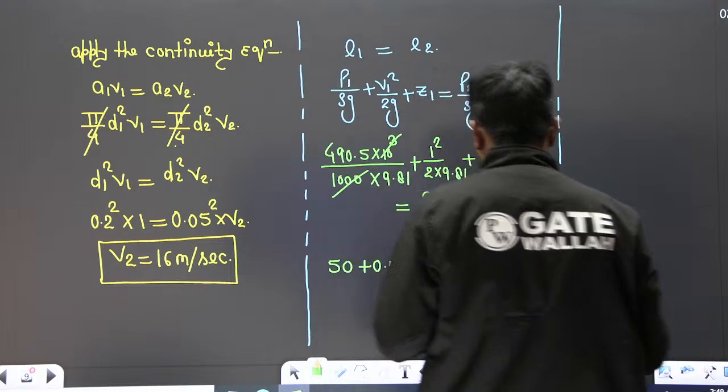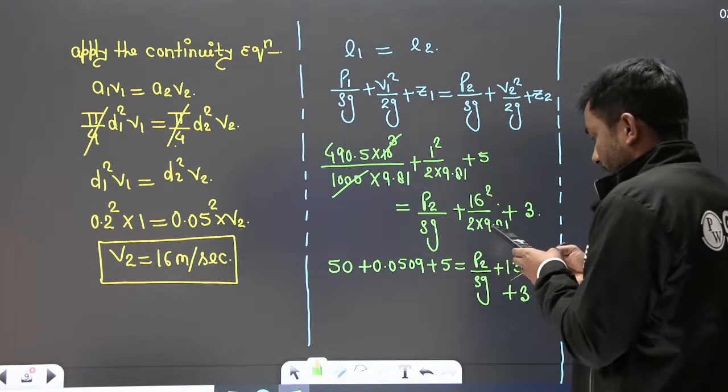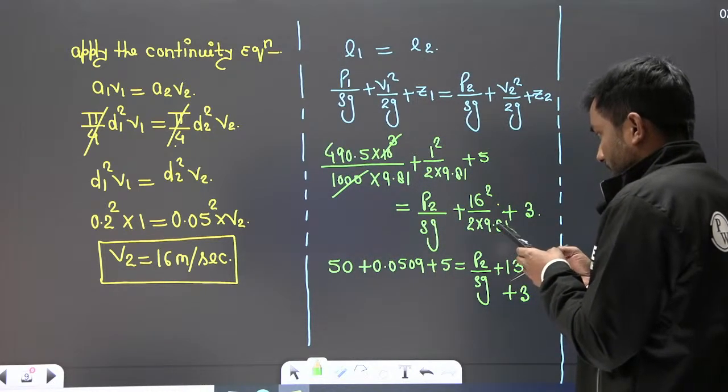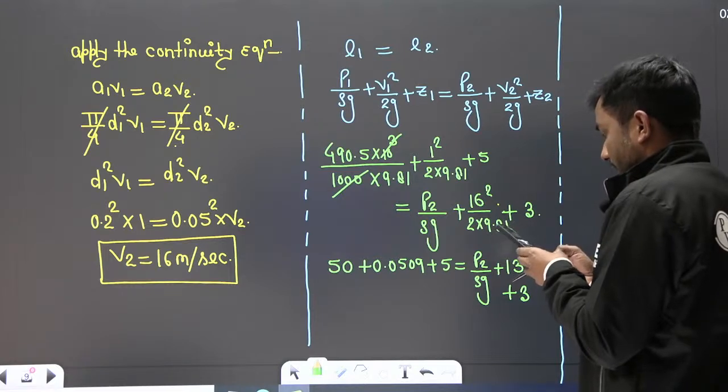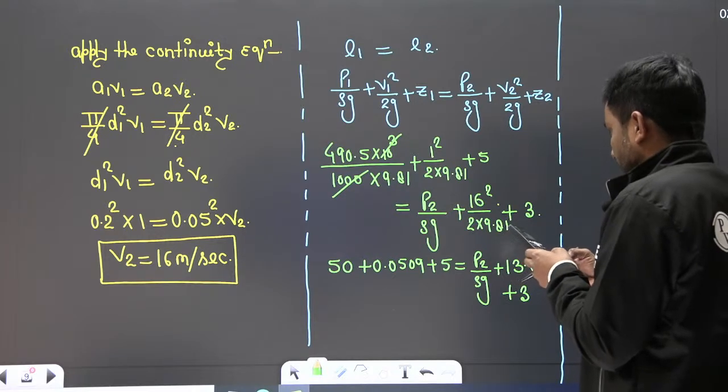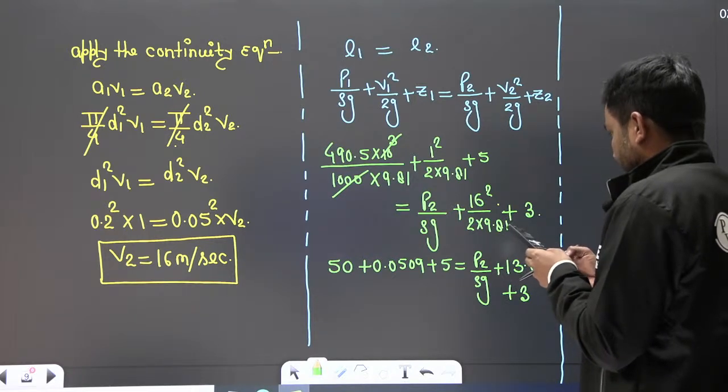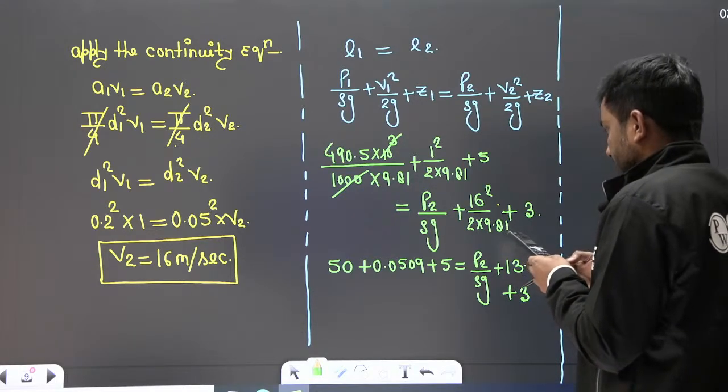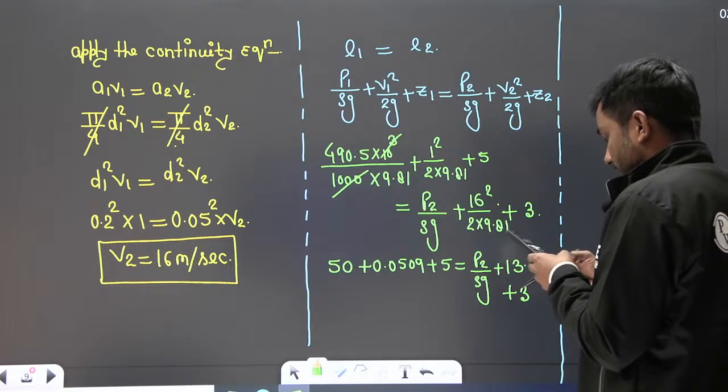Clear? So 50 plus 0.0509 plus 5 minus 13.0479 minus 3, multiplied by 9.81.